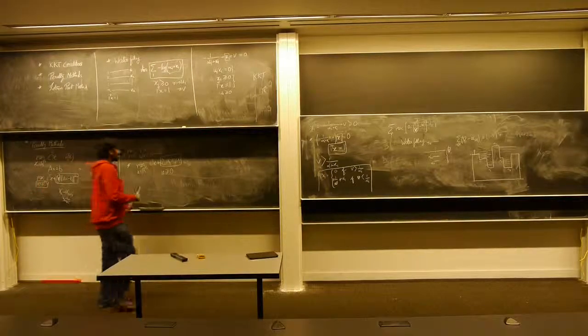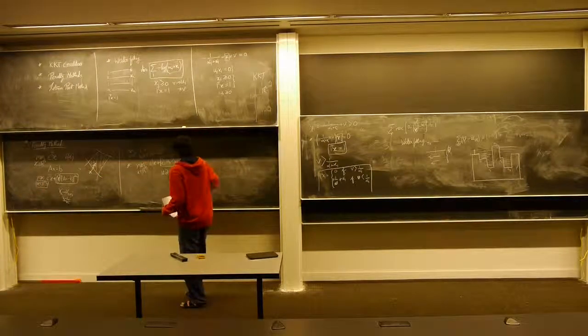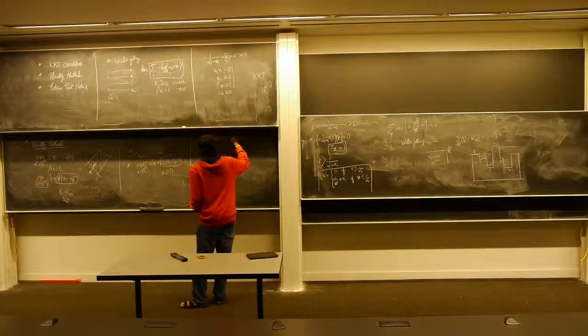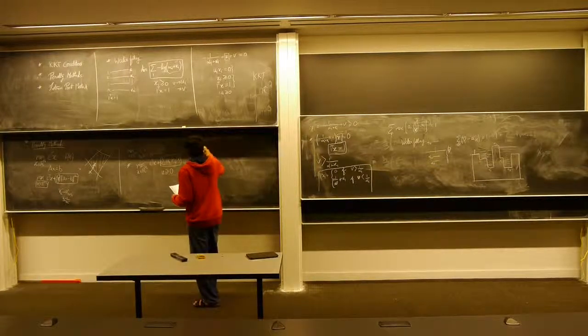And this runs across many others. So this is the Lagrangian, and there's something called the augmented Lagrangian, which says that you want to minimize over u.